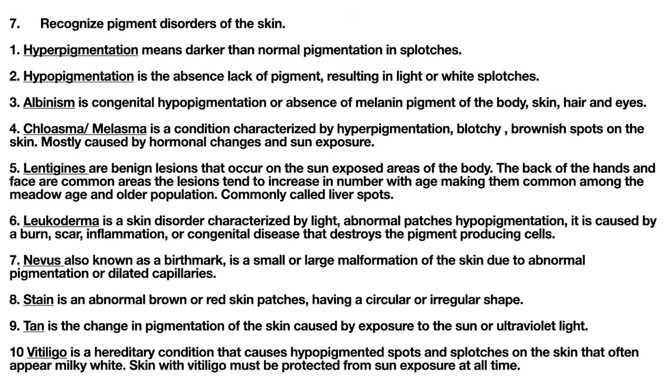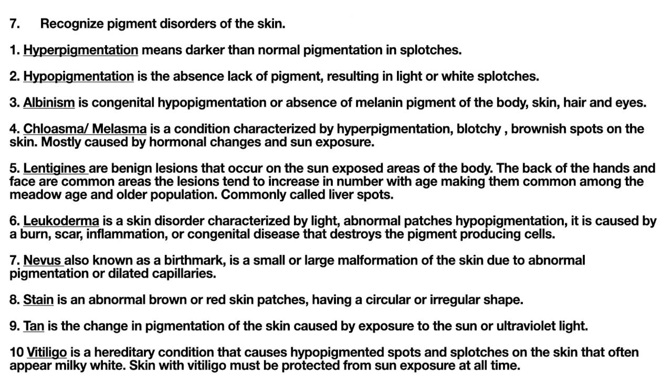The back of the hands and face are common areas. The lesions tend to increase in number with age, making them common among the middle-aged and older population, commonly called liver spots. Number 6, leukoderma is a skin disorder characterized by light, abnormal patches.